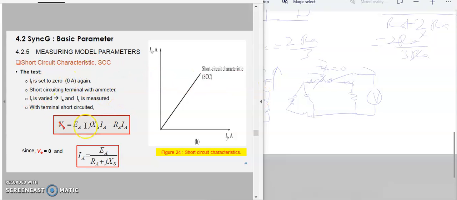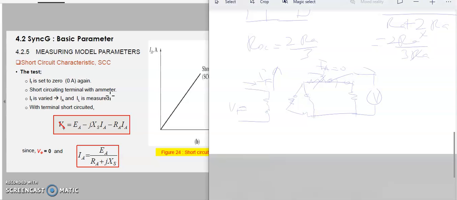For the short circuit test, we set the field current IF to 0 again, and short circuit the terminals with an ammeter, connecting from positive to negative, and at the same time we measure the current. Instead of a load, we put a very low resistive load, and we measure the current that flows into your system.